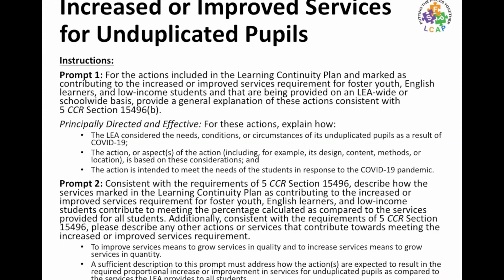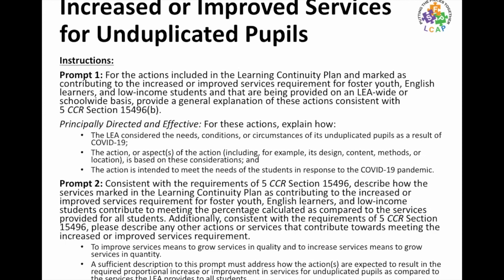For the first prompt, the LEA is required to provide a description addressing the LEA-wide or school-wide actions included in their learning continuity plan that are contributing to the requirement to increase or improve services for unduplicated pupils.